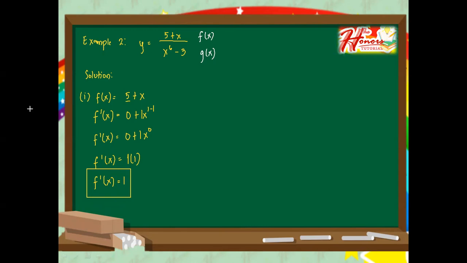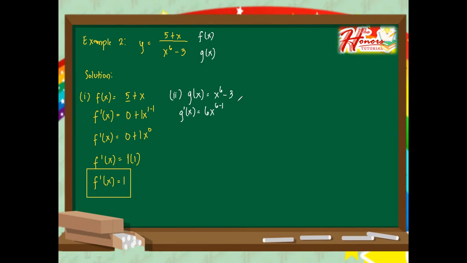Next, we also have here g prime of x. Let's write g first. G of x is equal to x raised to 6 minus 3. Let's get the derivative of g of x. So we have g prime of x is equal to 6, the exponent, x raised to 6 minus 1.